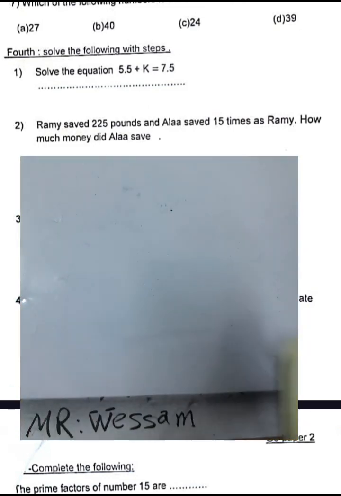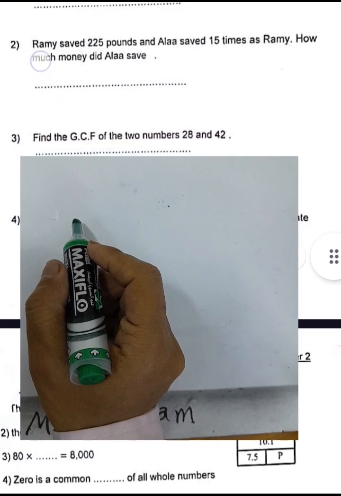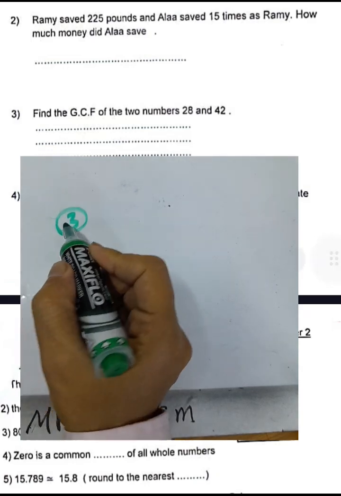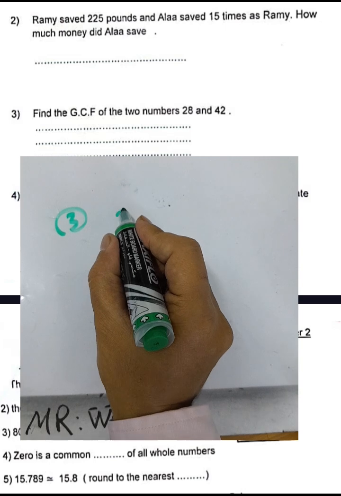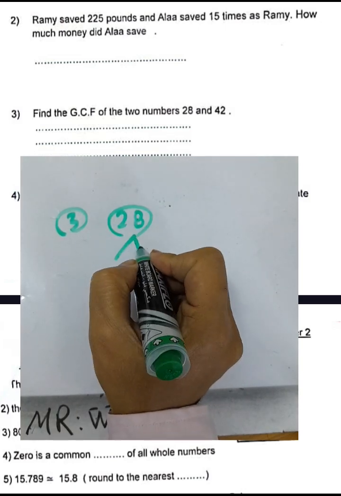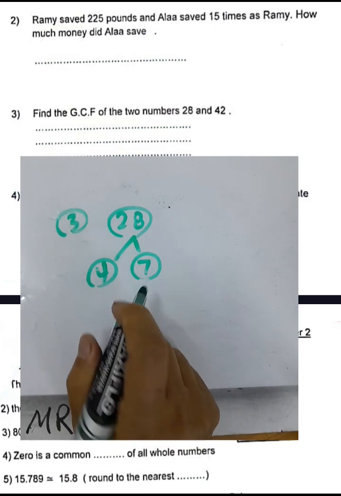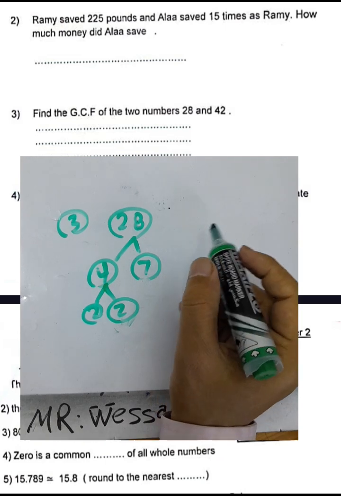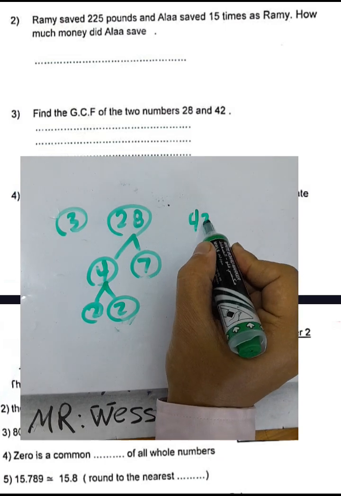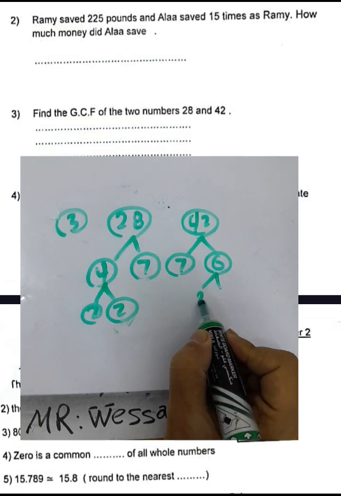Question number 3. Find the greatest common factor of 28 and 42. We can write factorizing of 28, 4 by 7, and 4 equal 2 times 2. And then next number 42 equals 7 times 6, and 6 equal 2 times 3.